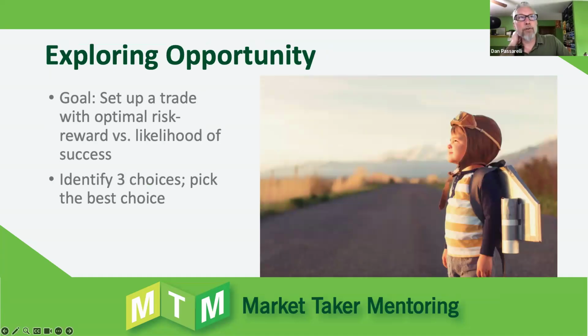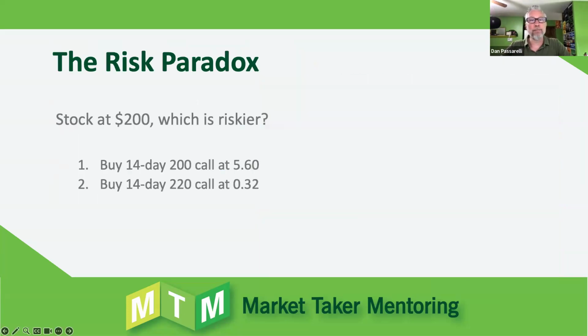So let's talk about some opportunities here. We could say our goal is to set up a trade with optimal risk reward versus the likelihood of success, which kind of takes us back to this a little bit, right?